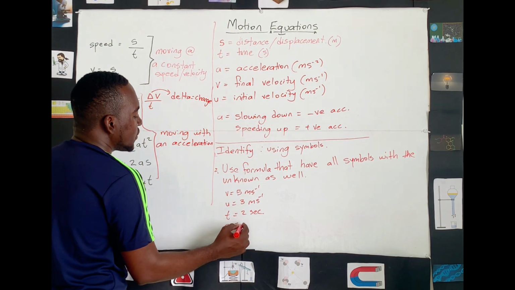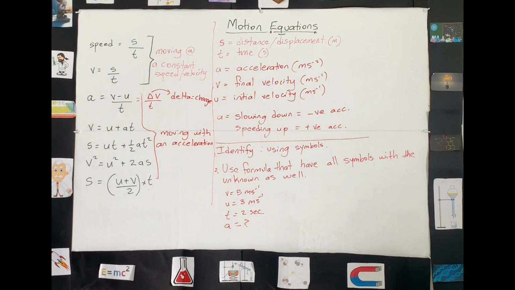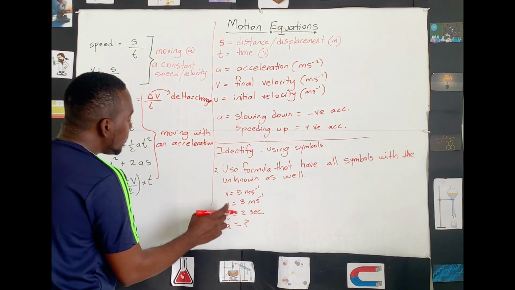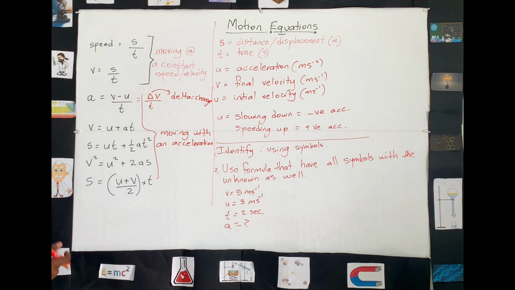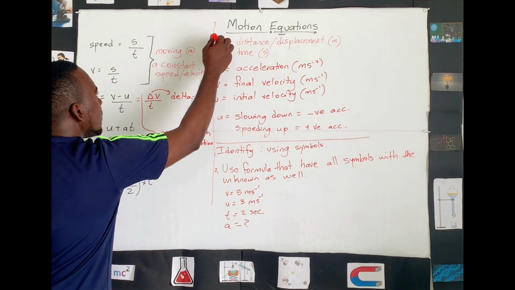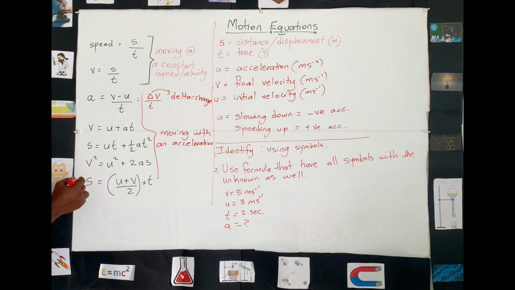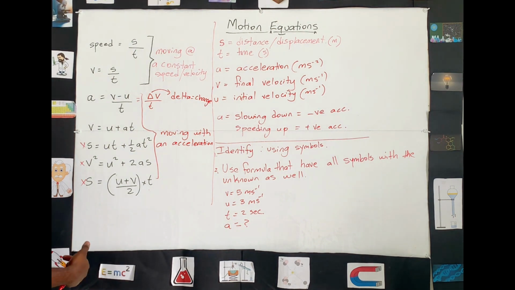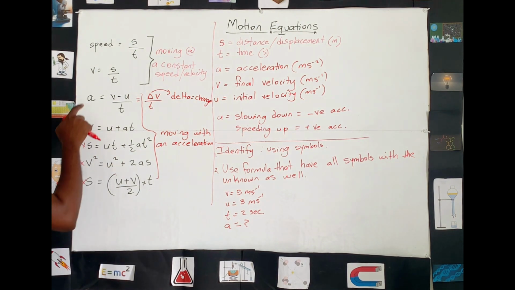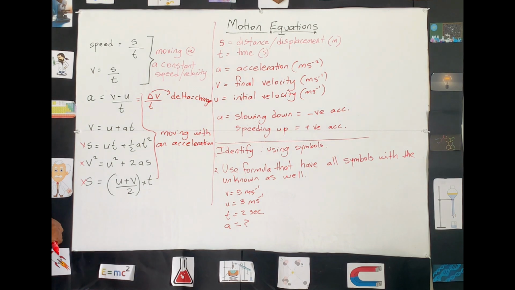And the question wants us to find a. Notice we only have v, u, t, a. So that means we don't have any s, right? So if we don't have s, we cannot use this formula or this formula or this formula. So therefore, we can only focus on finding a by using this, which is the same as this one, right?